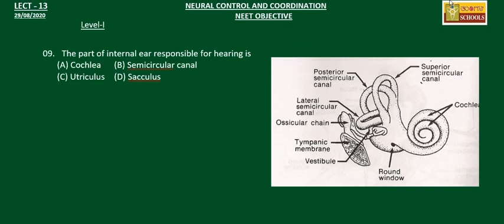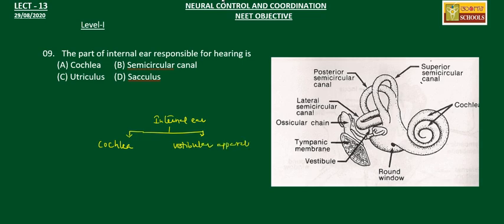Next question: the part of internal ear responsible for hearing is... So let's see, the internal ear is composed of mainly two parts. One is cochlea and another one the vestibular apparatus.